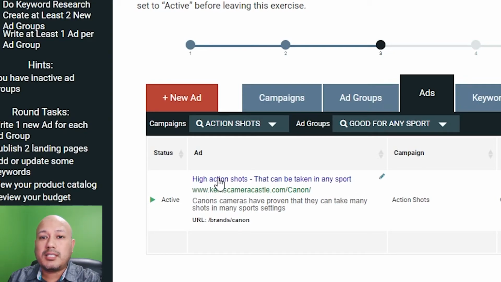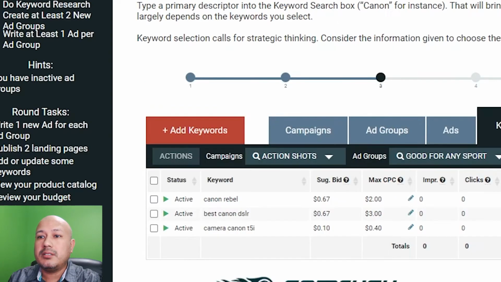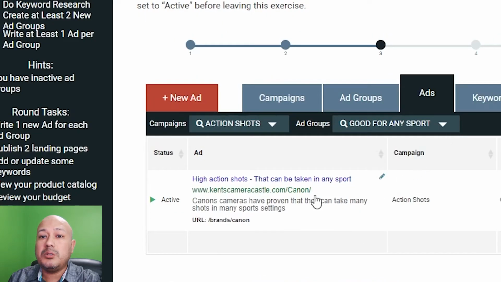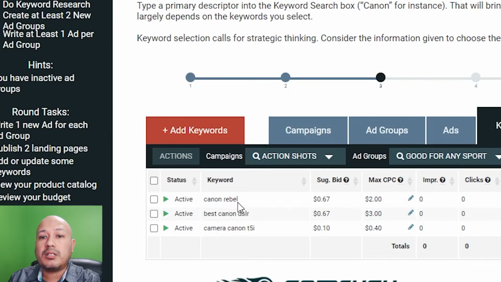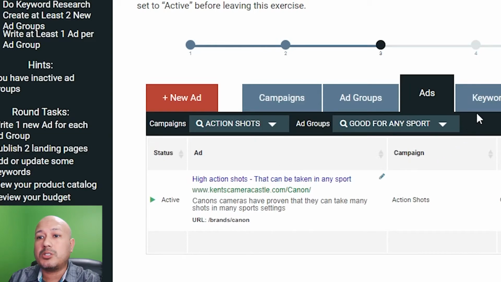So somebody who's typing, let's say, action cameras, your ad might show up, but here, since you did not buy the keyword action, somebody who's typing action cameras is never going to see your ad, even though you have used the action shots keyword, right? So the keywords that you've emphasized are action shots and then sports, but the keywords that you bought do not have action shots in them at all, which means if somebody is typing action shots, because you did not buy those keywords, your ad will not show up at all.